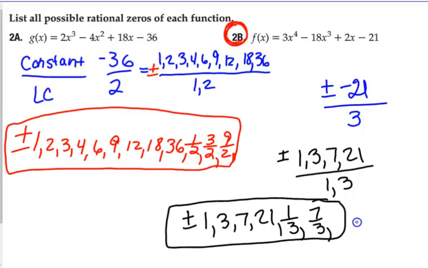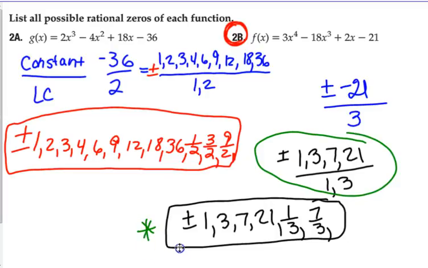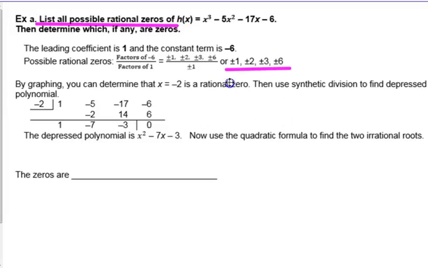Nathan asked, do we have to list them all further than that? No, you can leave it like this. You can't leave it like this, but you can leave it like this. You don't have to write plus or minus 1, plus or minus 3, plus or minus 7. Everybody okay?